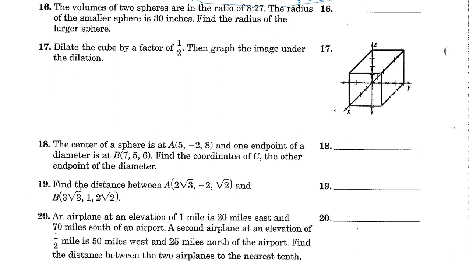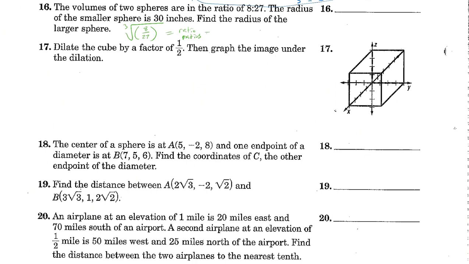Volumes of two spheres are in the ratio 8 to 27. If the ratio of their volumes is 8 to 27, then we take the cube root of that to get the ratio of their radii. The ratio of any one-dimensional length is the cube root of the ratio of their volumes.